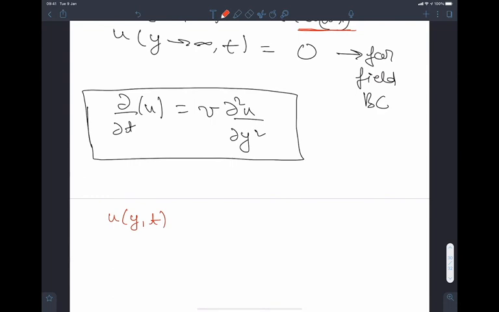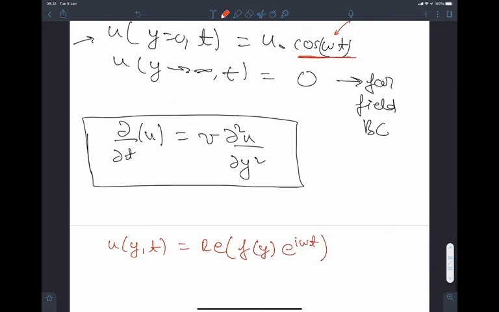So we can use this particular ansatz, which is that the solution will be the real part of some function of y times e to the power iota omega t. And this is in order to fulfill the boundary conditions with oscillation frequency omega.